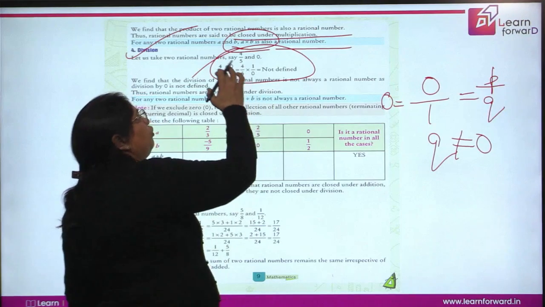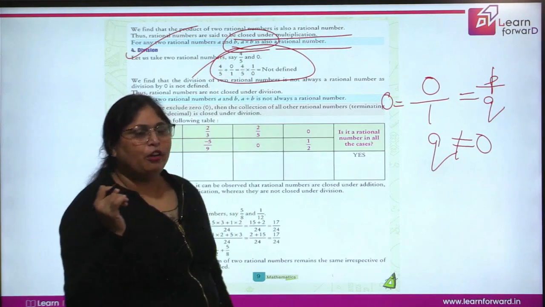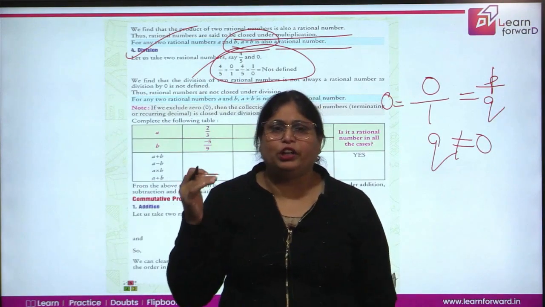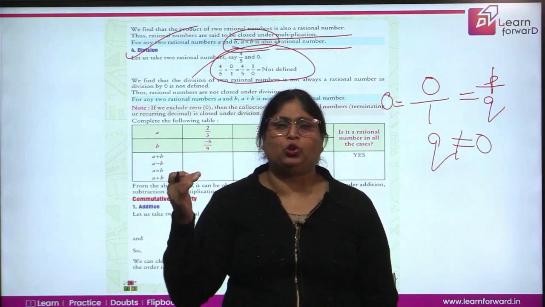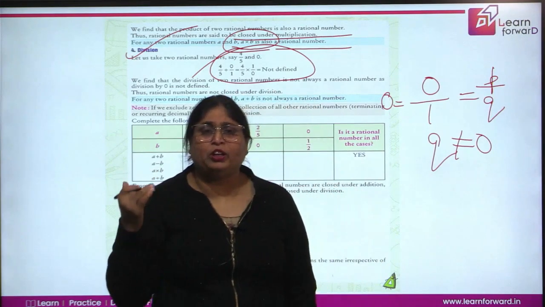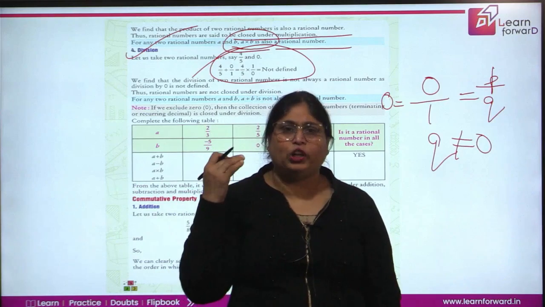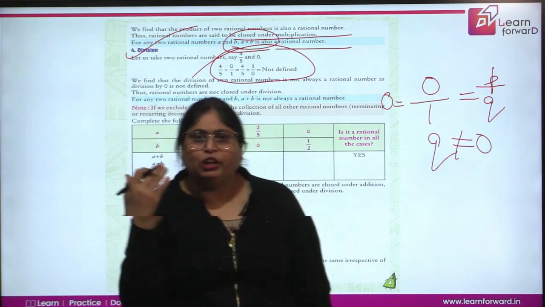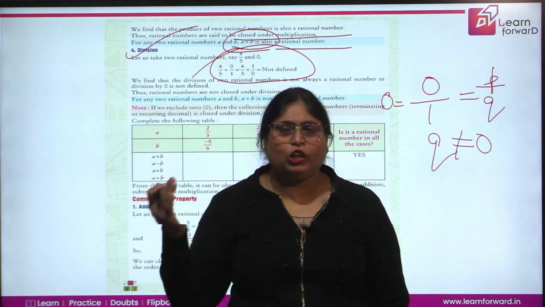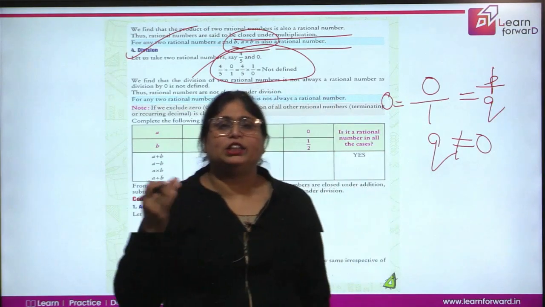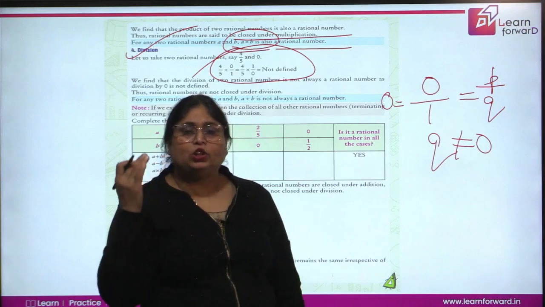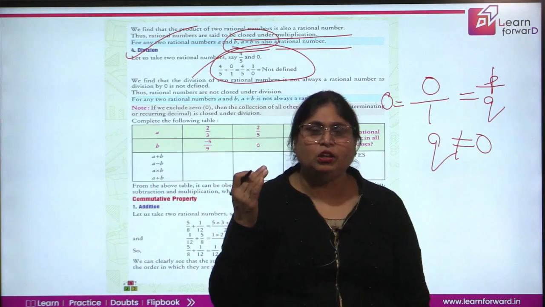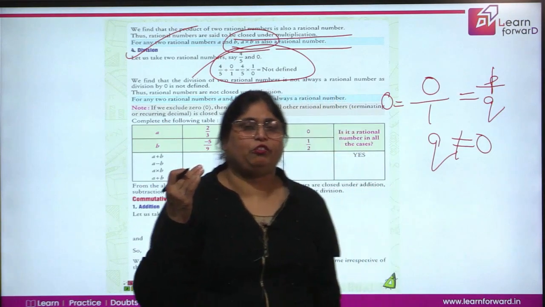Here we are taking 4 upon 5 and 0 upon 1. When we are dividing, it is not defined because the denominator becomes 0. If at any time the denominator of a rational number becomes 0, it is not defined. It will not be 1 upon 0. It's not a rational number. So the answer is not defined. So is it holding good for division? No. But very good.